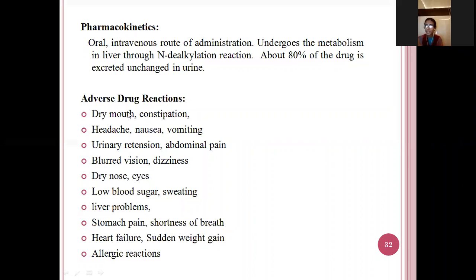Adverse drug reactions are headache, constipation, dry mouth, nausea, vomiting, urinary retention, abdominal pain, blurred vision, dizziness, dry nose and dry eyes, low blood sugar, sweating, liver problems, stomach pain, shortness of breath, heart failure, sudden weight gain and allergic conditions.